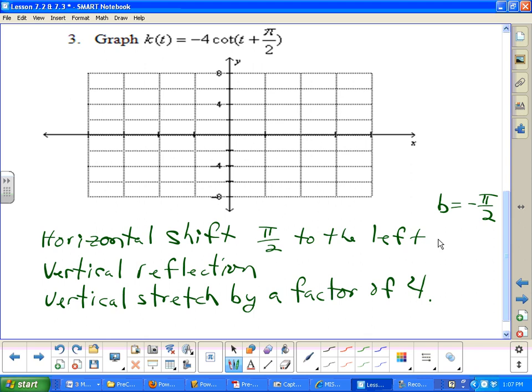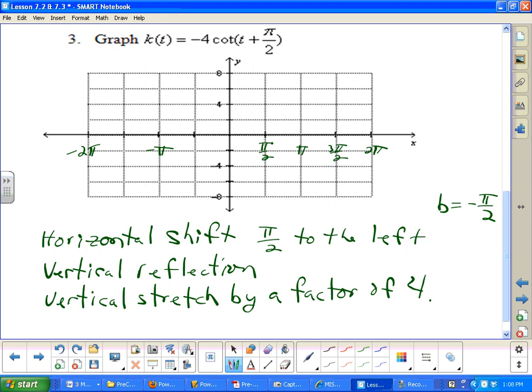Now, the asymptotes. In a graph of cotangent, let's label this first of all here. So we've got pi over 2, pi, 3 pi over 2, 2 pi, negative pi, negative 2 pi. Okay. Where are the asymptotes for cotangent? For cotangent, they're at every pi, right?